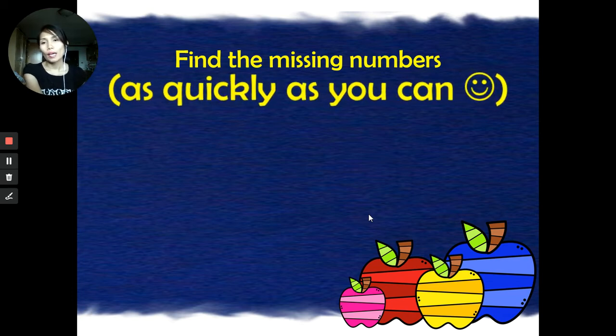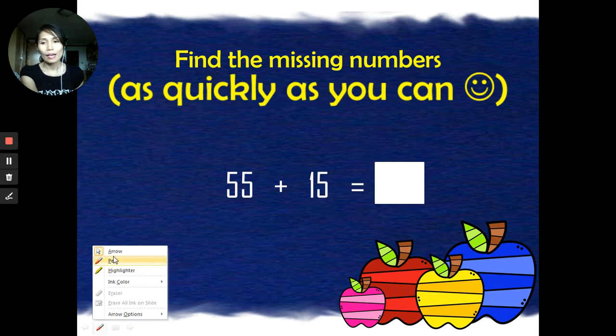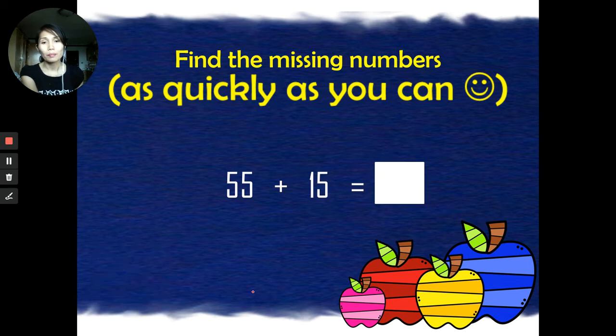Now let's try if you can do this as quickly as you can. Okay, are you ready? That's so easy. 55 plus 15 equals 5 plus 10, 50 plus 10, 60. 5 plus 5, 10. So 60 plus 10 equals 70.